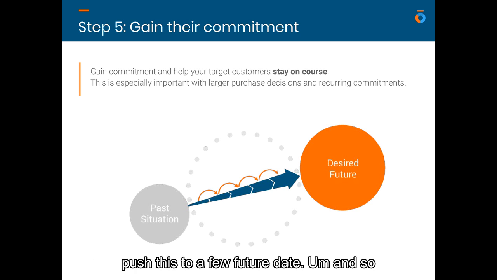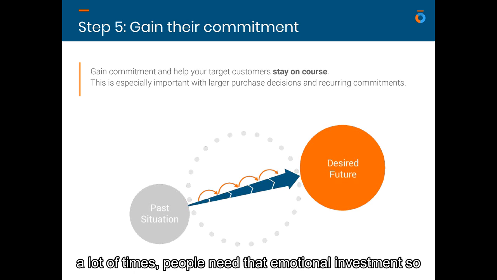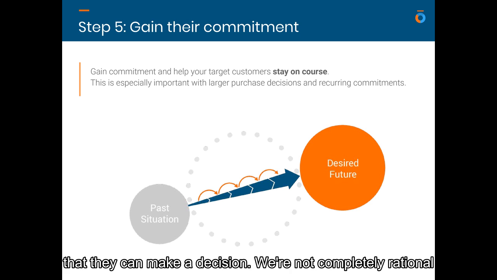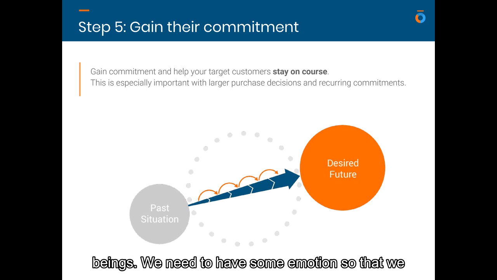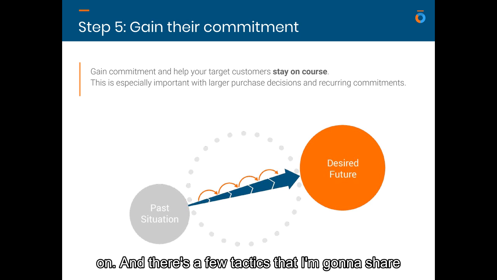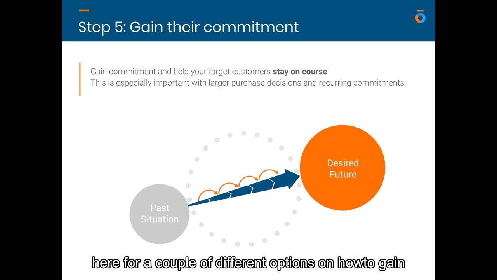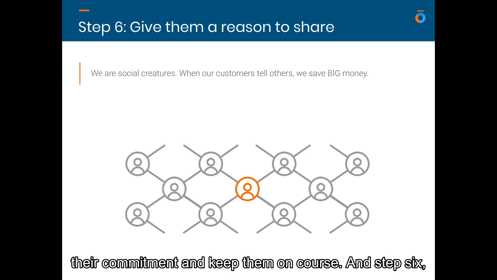They're going to push this to a future date, and so a lot of times people need that emotional investment so that they can make a decision. We are not completely rational beings. We need to have some emotion so that we can make a decision, so that we can prioritize things. And there's a few tactics that I'm going to share here for a couple different options on how to gain their commitment and keep them on course.